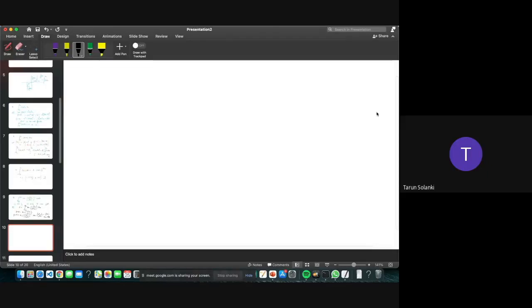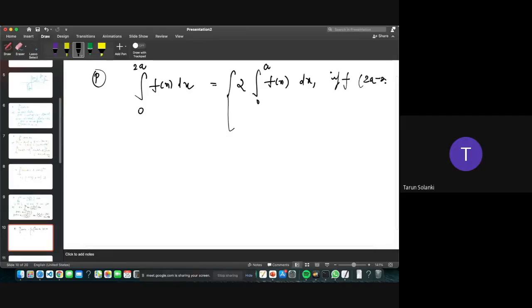Next property: the integral from 0 to 2a of f(x) dx becomes 2 times the integral from 0 to a of f(x) dx if f of (2a minus x) is equal to f(x). And the integral is 0 if f of (2a minus x) is equal to minus f(x). So generally it is to take half of the upper limit, right?